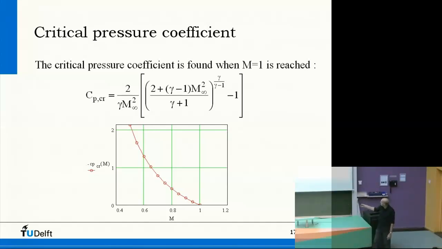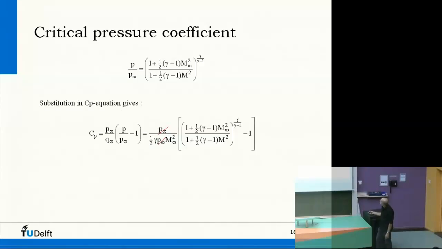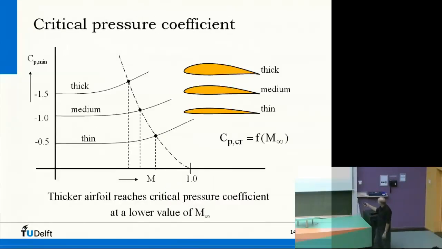So here you see it. This is M here, relation of M with CP critical. So that is the line here. This is airfoil dependent here, and this is the line for the critical CP as a function of the Mach number.